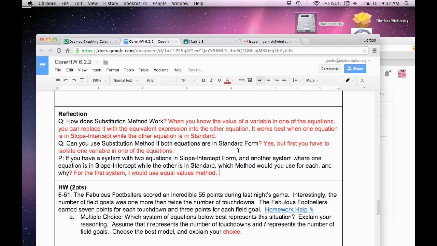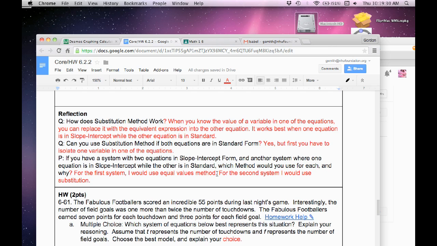In the second system, one is in slope-intercept and the other is in standard. That's where I would use substitution, because I'd take the one from slope-intercept and I would replace that variable in standard. So for the second system, I would use substitution.